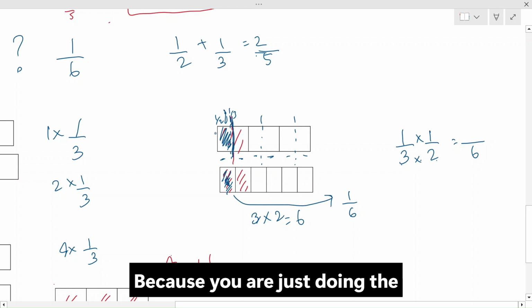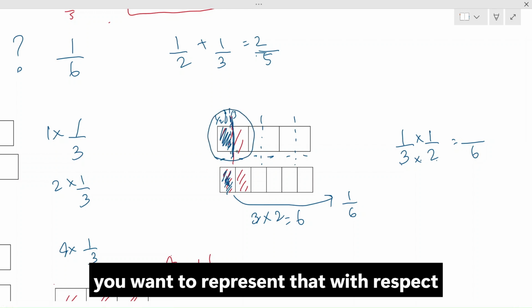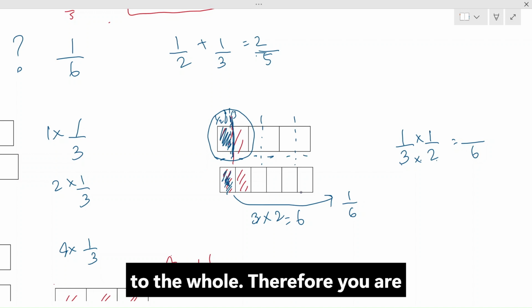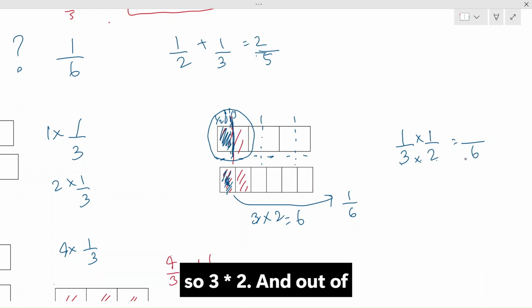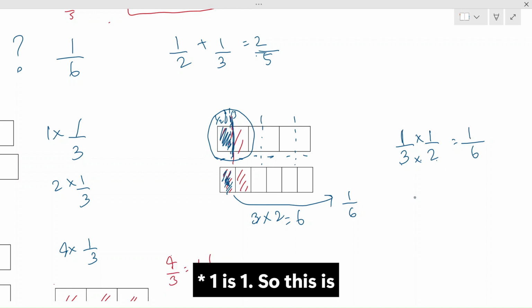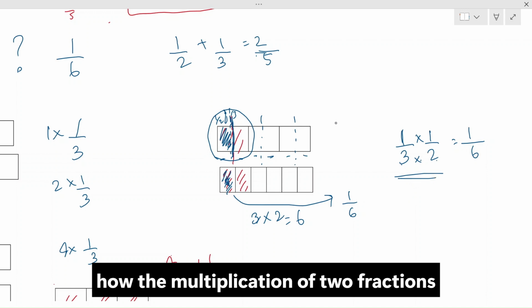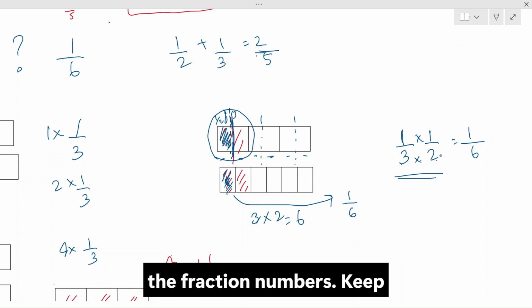Why? Because you are doing the denominator for just 1 by 3, but you want to represent that with respect to the whole. Therefore, you are multiplying all the three parts by 2. So 3 times 2, and out of this, you are just selecting only 1. So 1 times 1 is 1 by 6. So this is how the multiplication of two fractions actually means, visually and in fraction numbers.